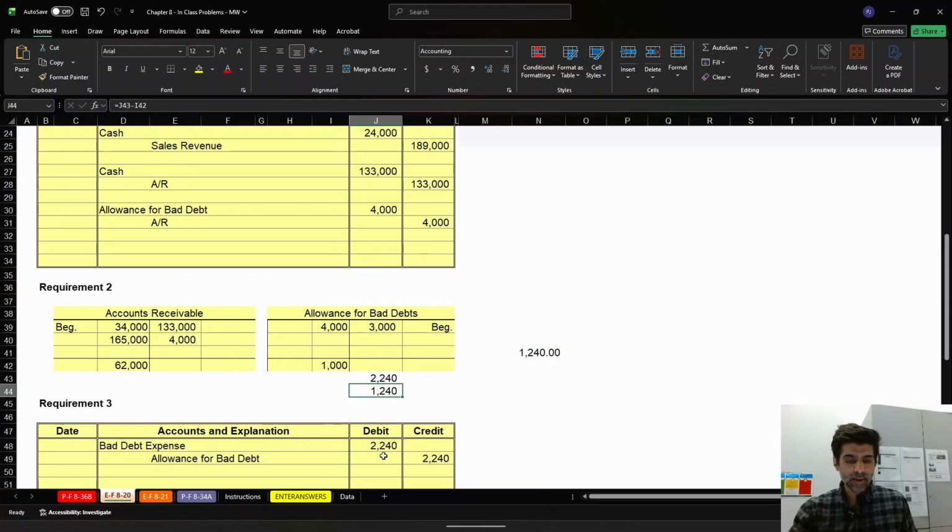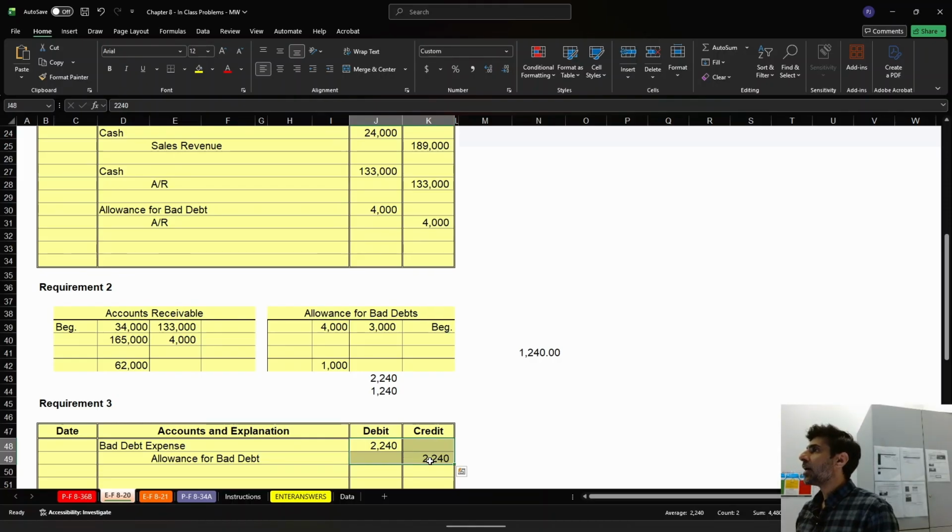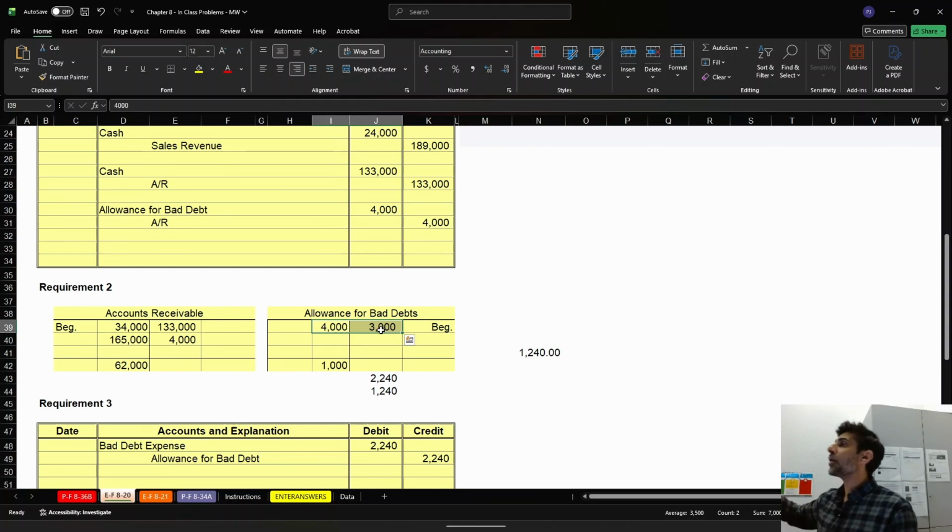So we had to take a much bigger expense here. This is going to reduce our net income, and the reason is because we messed up in the previous period. We didn't have enough in our piggy bank, so now we're paying for it in the next period. This is why even with the allowance method, it's not perfect. You're not going to have an exact matchup between the expenses for bad debt and the revenue, because if you under reserve in previous periods, you're going to pay for it later.